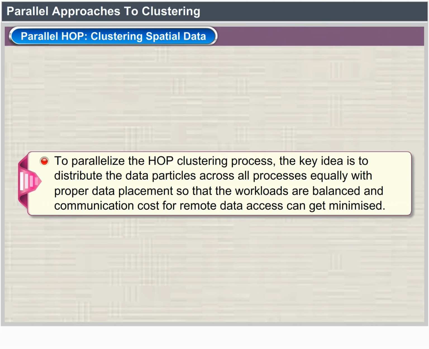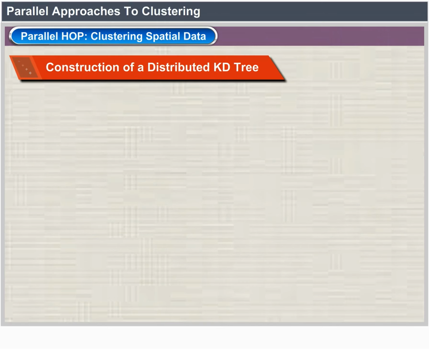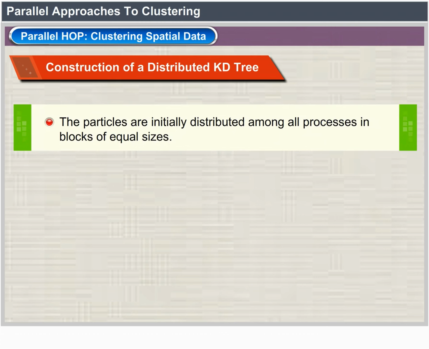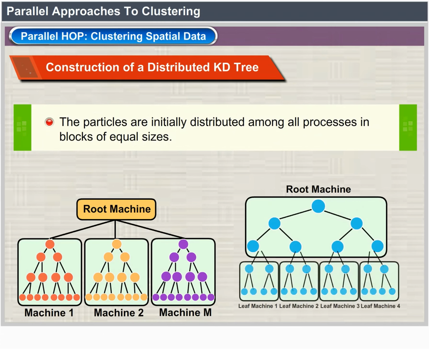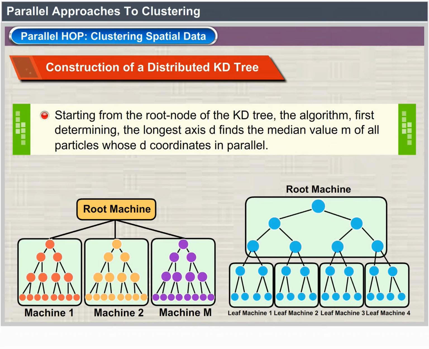Constructing a distributed KD tree. The particles are initially distributed among all processes in blocks of equal sizes. Starting from the root node of the KD tree, the algorithm first determines the longest axis D, and then finds the median value M of all particles' D coordinates in parallel.